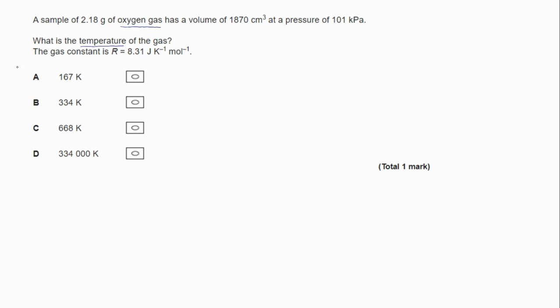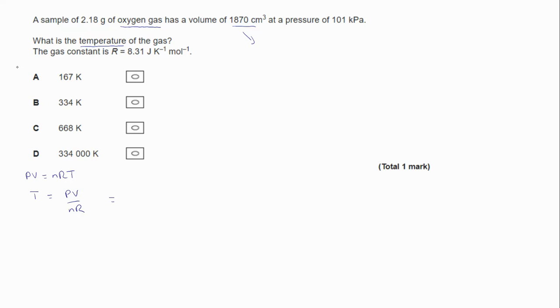So first thing I need to do is rearrange the equation. So PV equals nRT. It's important we show all our work in here. So if I rearrange that to give temperature, the temperature is PV over nR. And then it gives me the volume here.